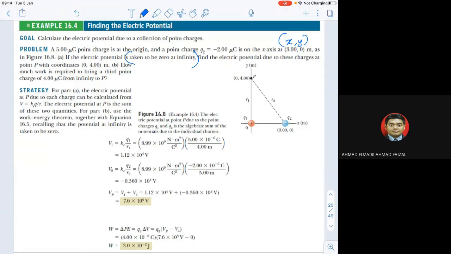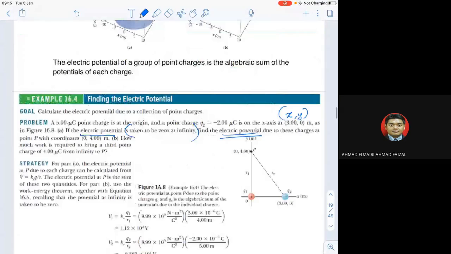Okay, so how to do that? We should calculate the electric potential. Look here, underline the keywords: find the electric potential due to these charges at point P. So we want to calculate at point P, and in this part it is electric potential.